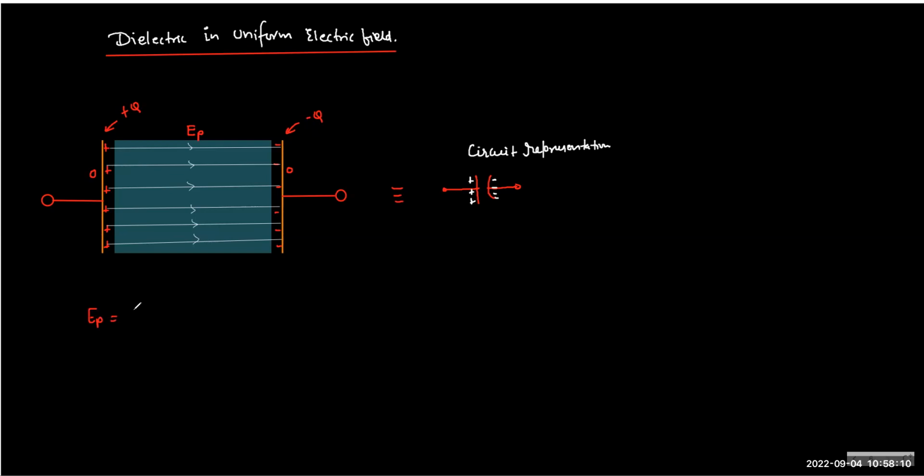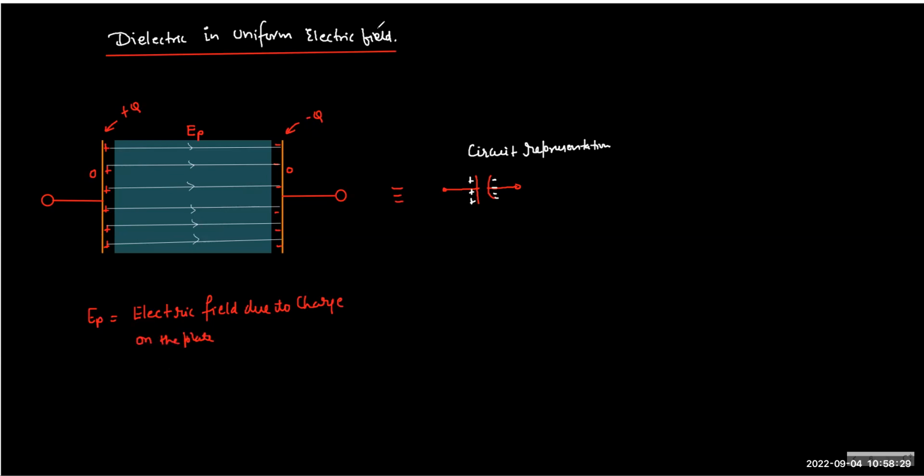So EP is basically the electric field due to charge on the plate.